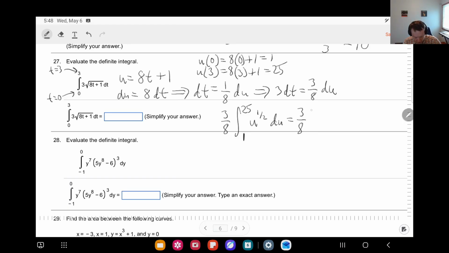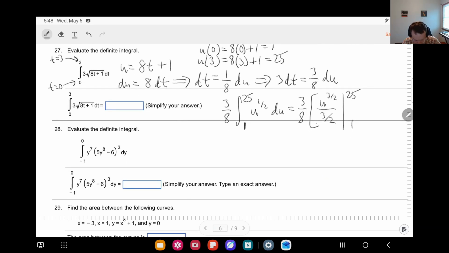Okay, so 3/8, I'll just section that off to the side here. Antiderivative is u to the 3/2 over 3/2 from 1 to 25. Well, I can move this divided by 3/2 out, and sure, some cancellation will happen here.